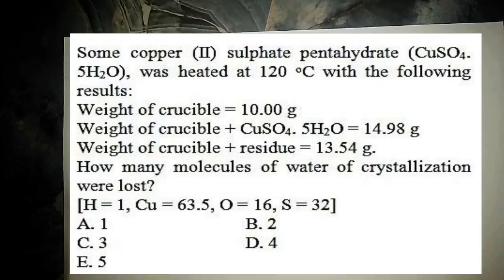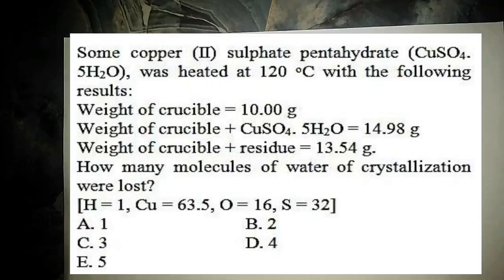We have mass of crucible equals 10 grams, then mass of crucible plus copper(II) sulfate pentahydrate equals 14.98 grams. We have mass of crucible plus residue, which equals 13.54 grams.